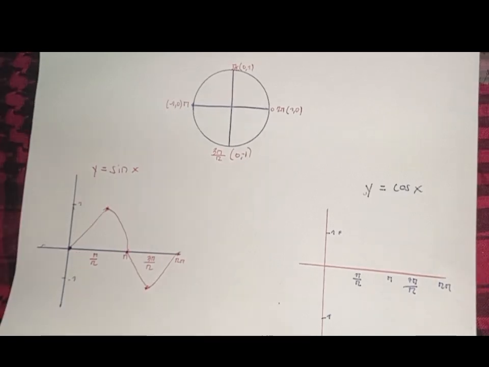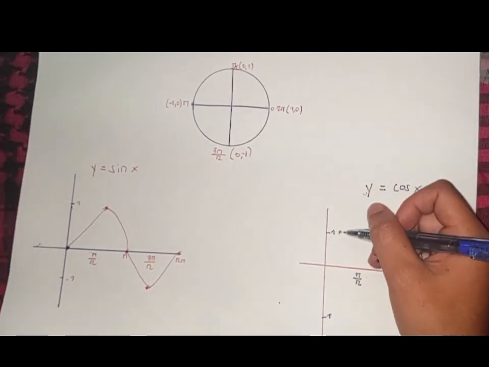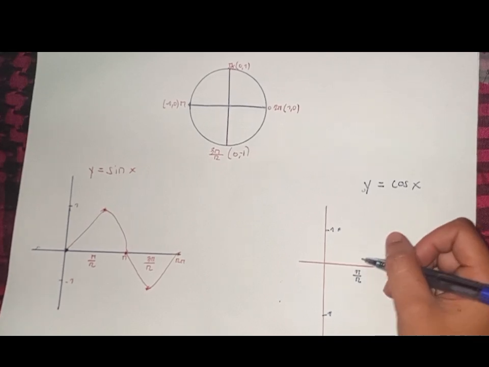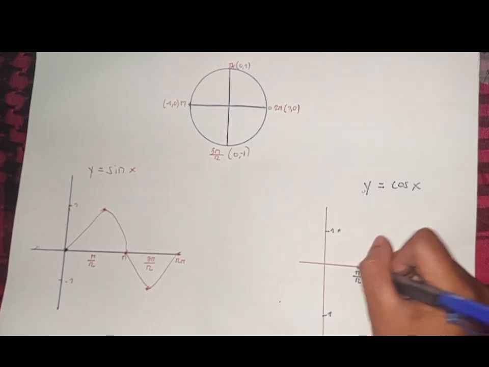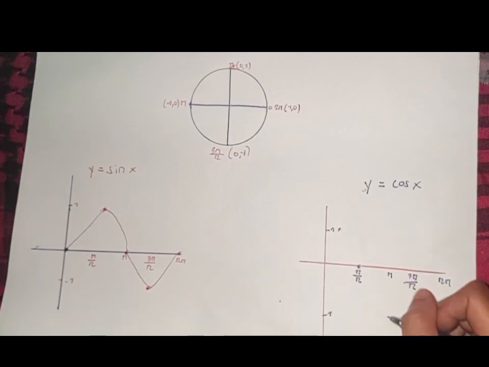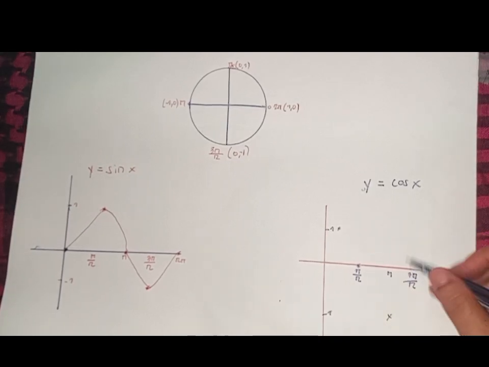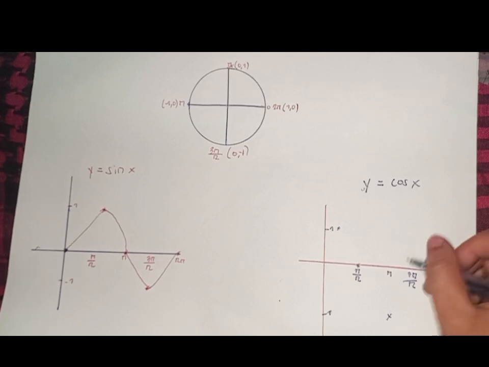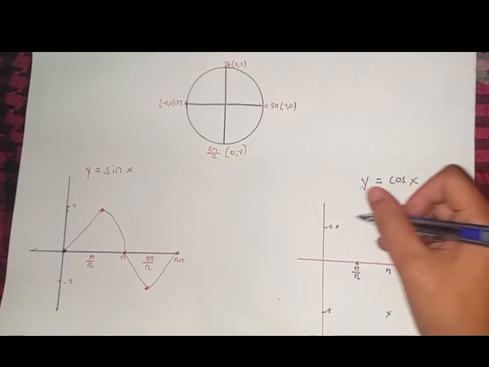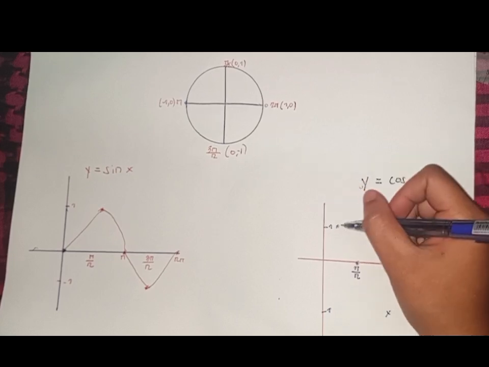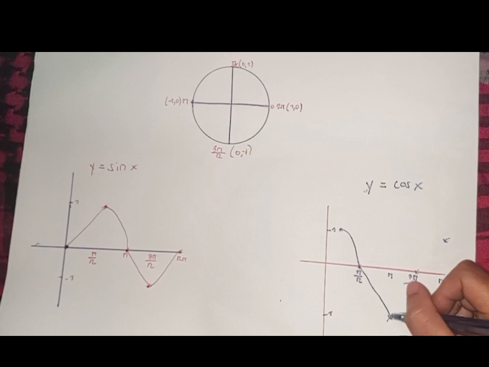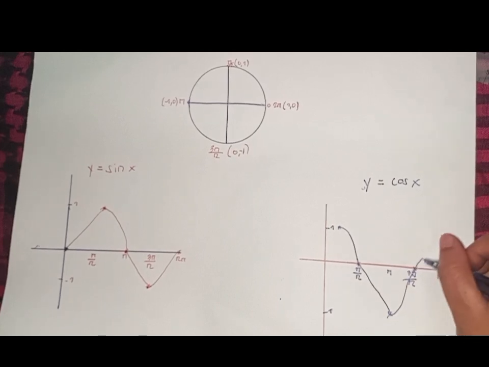The x value starts from positive 1, and at 90 degrees, the x value is 0, and at pi, the value of x is negative 1, and at 3 pi over 2, the value of x is 0, and at 2 pi it is 1. So we start from the maximum, go down to the midline, go down to the minimum, go up to the midline, back to the maximum.